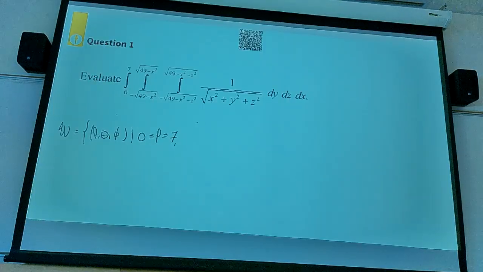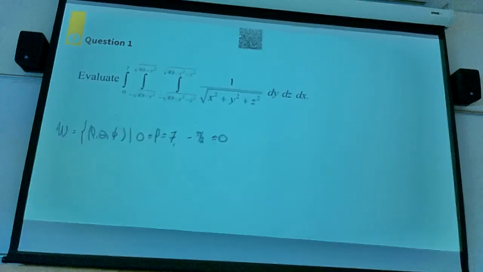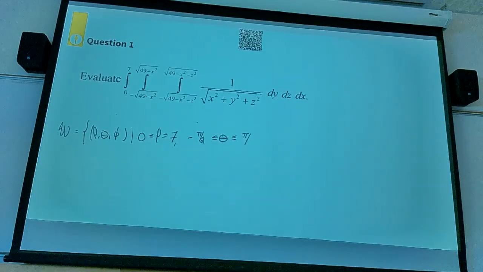The inner represents y, that's both positive and negative. So where is x non-negative and y can be anything? That is quadrants 4 and 1. Theta would go minus pi over 2 to pi over 2.